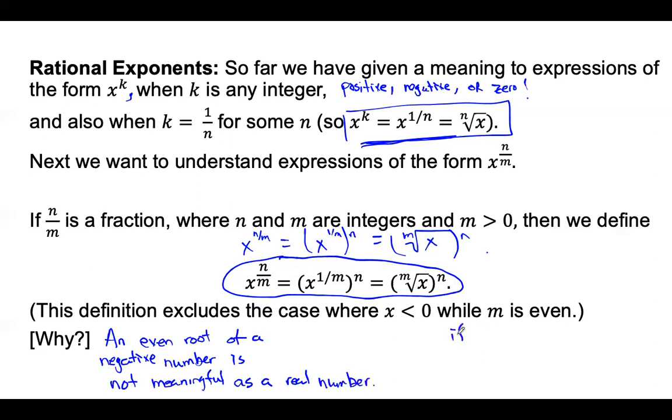So for example, if x is less than 0, and let's say x is equal to -5 and n is equal to 2, again, we have that case where n is even.